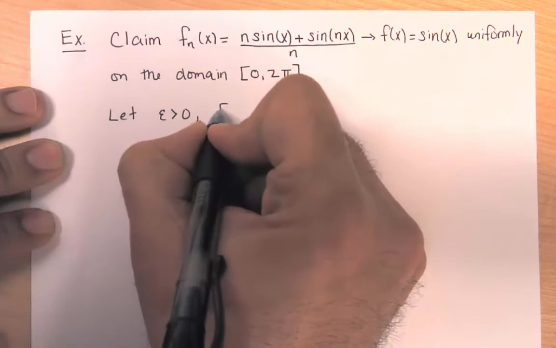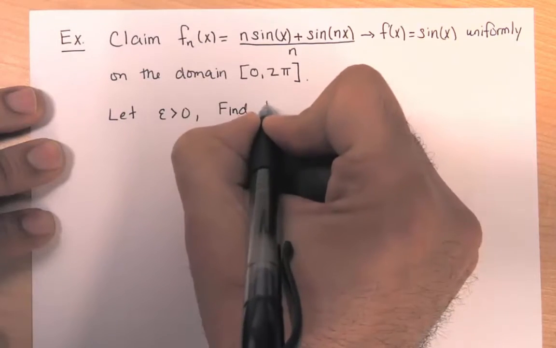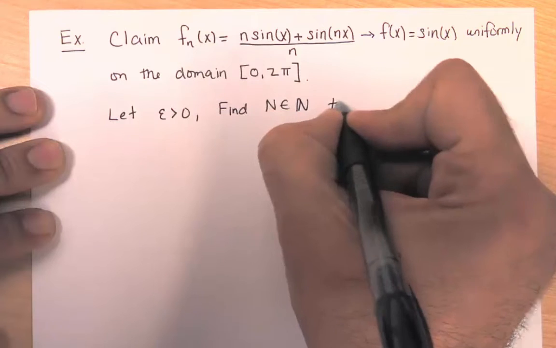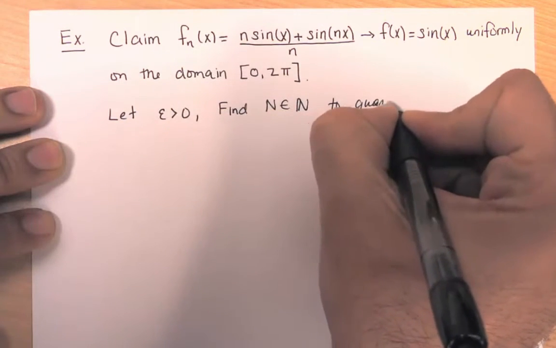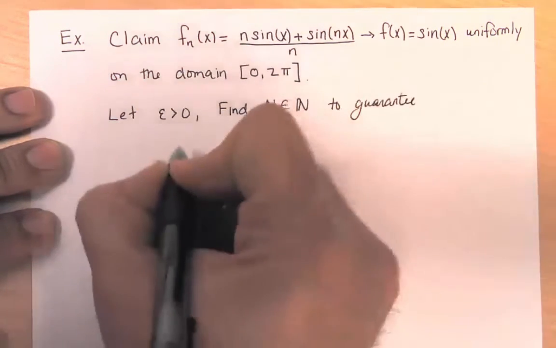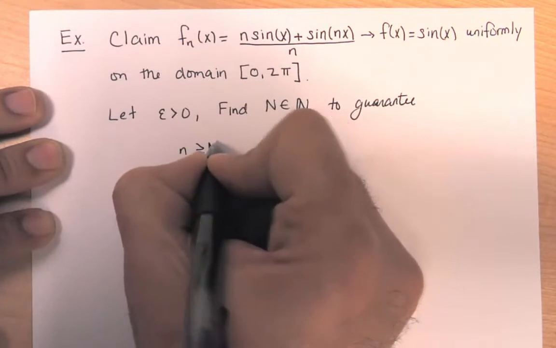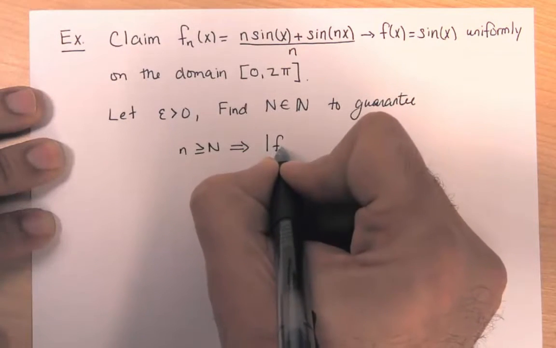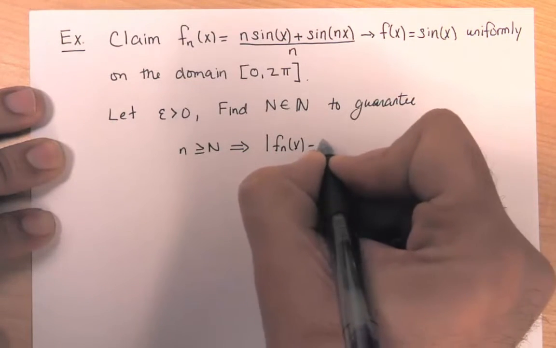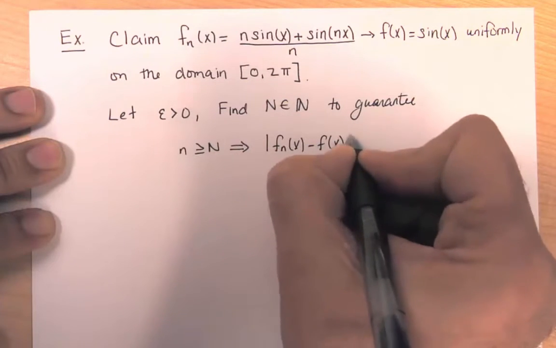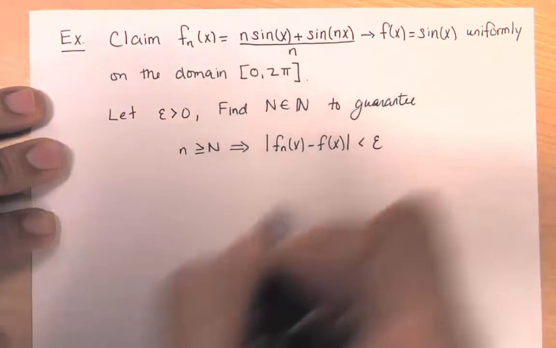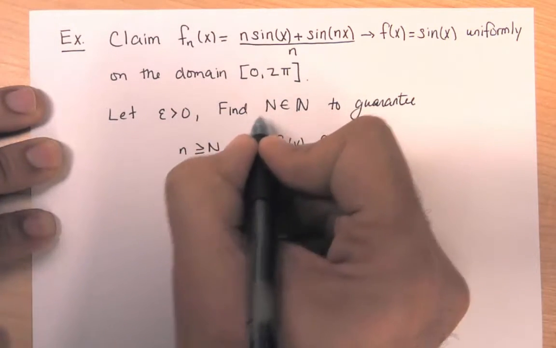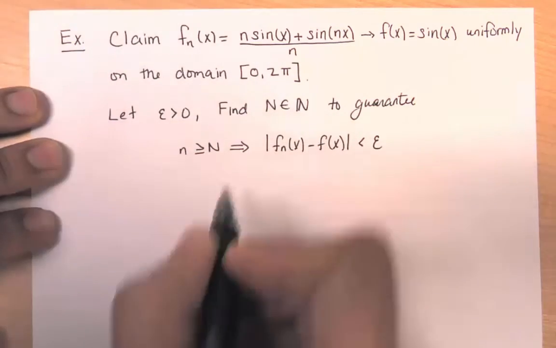Our goal is to find a natural number N to guarantee that when little n is bigger than big N, then the absolute value of f_n of x minus f of x is less than epsilon. My singular goal right now is to find this N for which this is true.